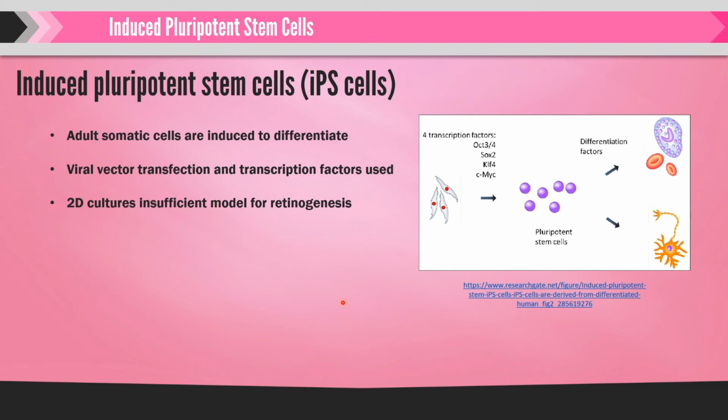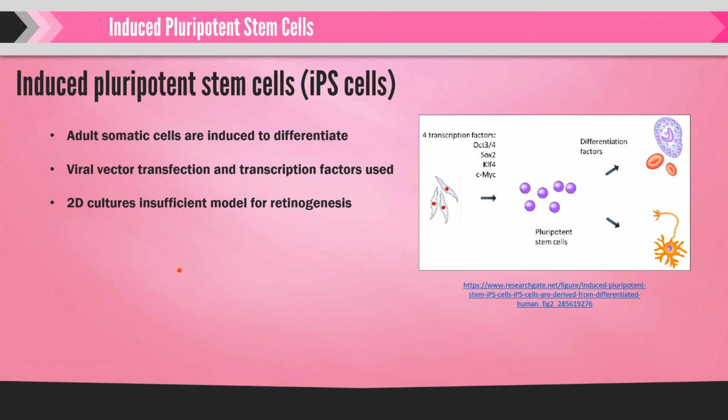So with induced pluripotent stem cells, what we have are adult somatic cells, just your typical body cells. With the introduction of transcription factors, they revert into a pluripotent stem cell state, into which we can then introduce differentiation factors and make an erythrocyte or a neuron that we would need.